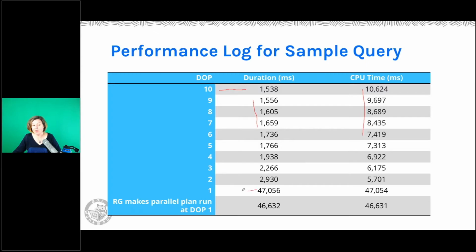At MAXDOP 1, this query is significantly slower, where my CPU time is equal to my duration. The change in duration between MAXDOP 1 and just using 2 of my cores is really striking. And of course, the faster my CPU cores are, the more impressive it's going to be at fewer cores.